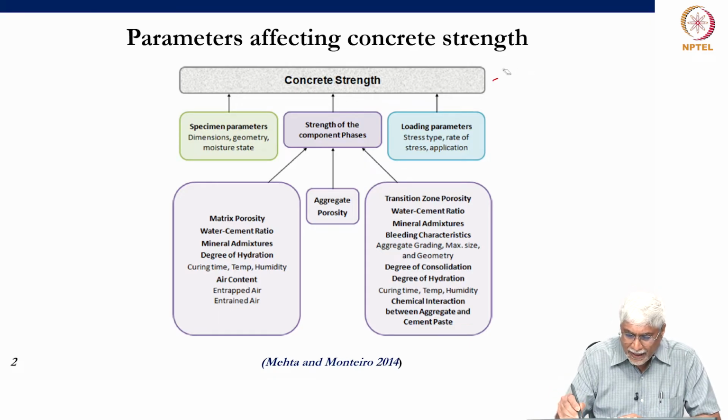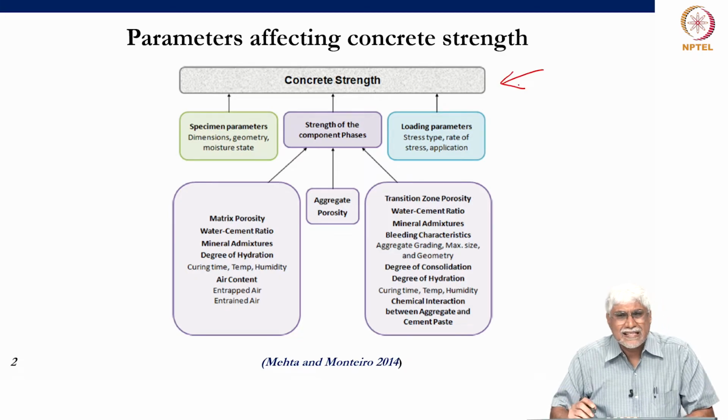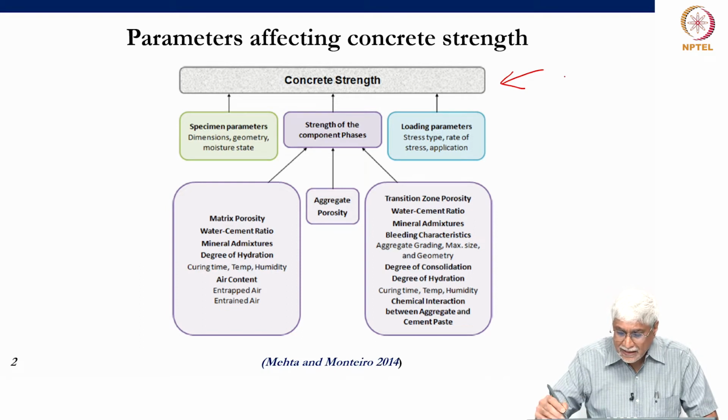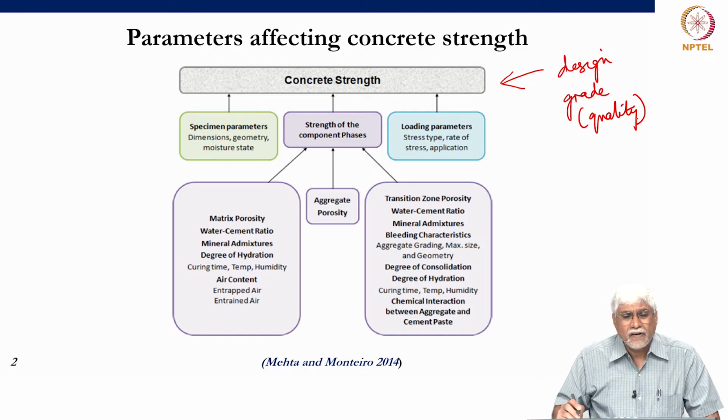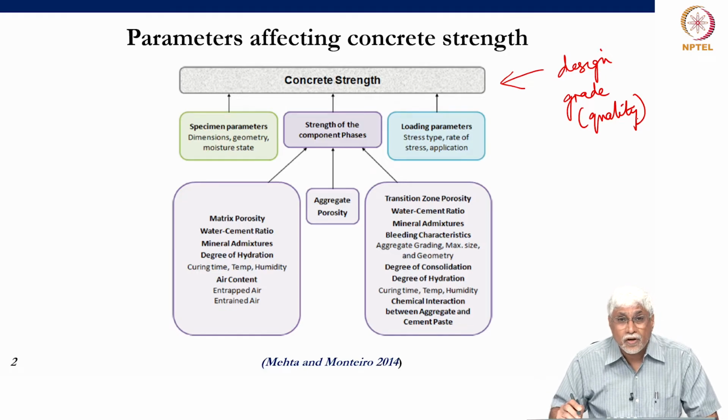Mainly we are looking at concrete strength. As I said, strength is what affects the design and the grade of concrete or the quality. And when we talk about concrete, this is the most important thing that we consider.